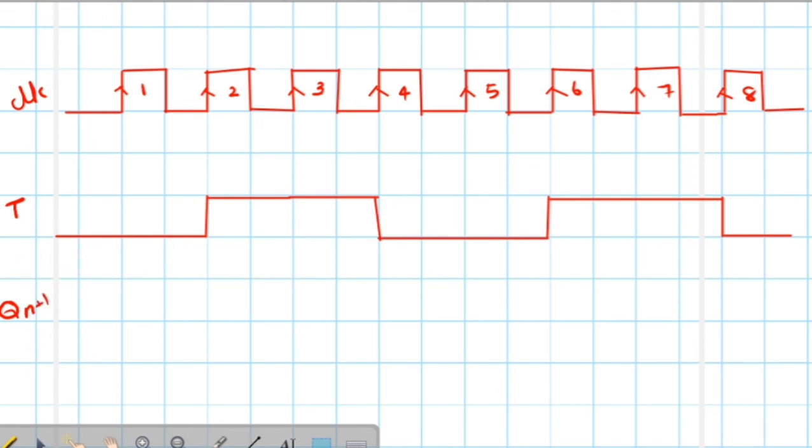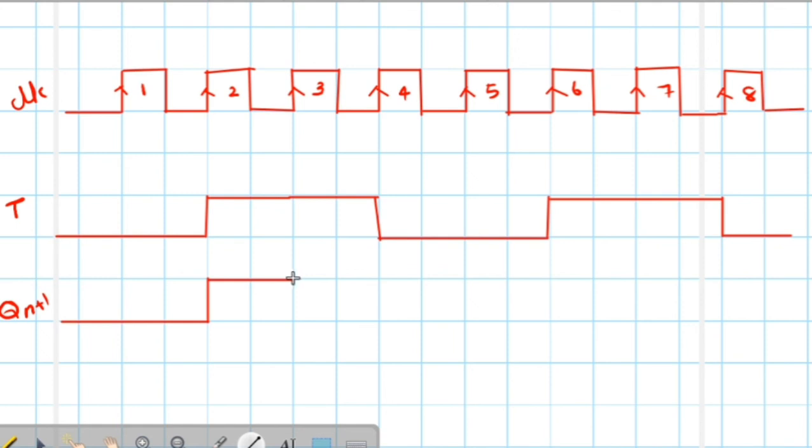So when T is equal to 0 at the positive edge of the first clock pulse, it retains the previous state. Suppose the previous state is 0. So for the first clock pulse, the output is 0. Then during the second clock pulse, T is equal to 1, then it toggles the state, that means it goes to 1.